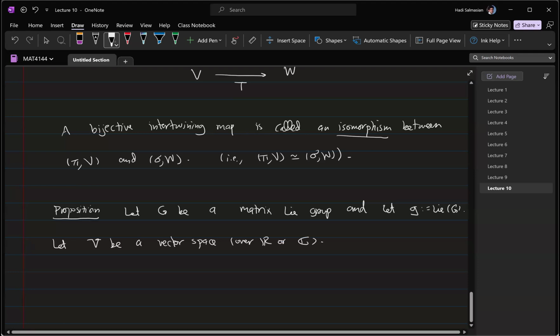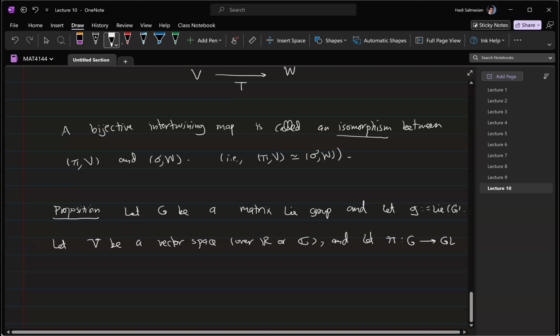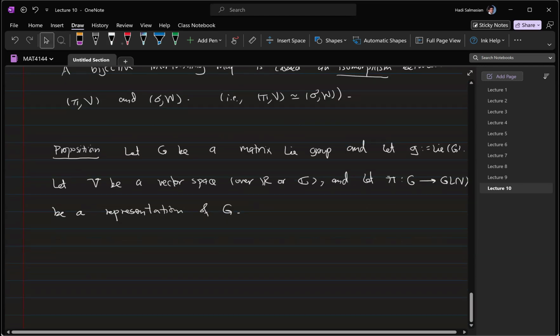And let π from G to GL(V) be a Lie group representation of G. Then there exists a unique derivative.